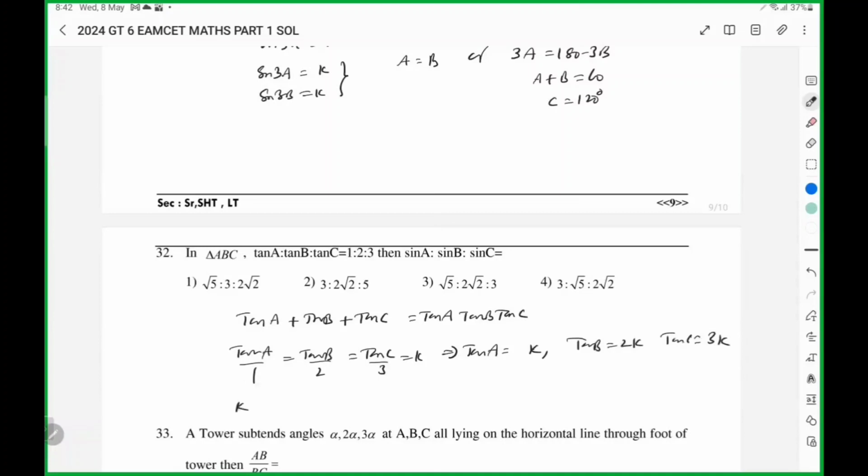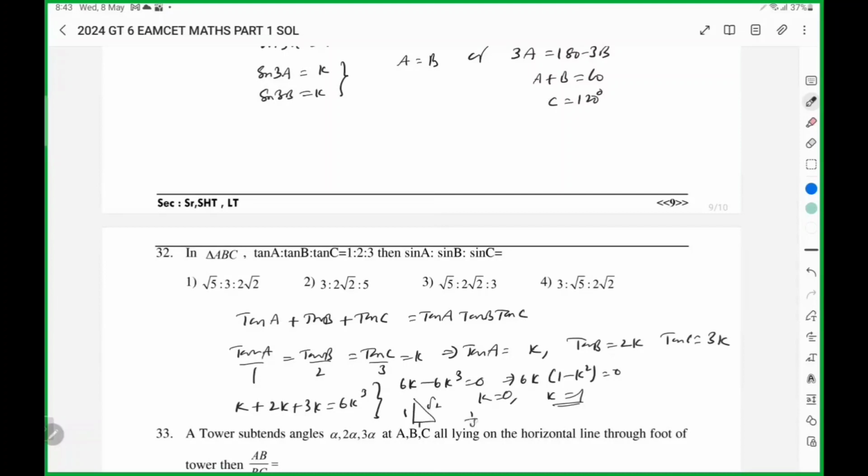Then K plus 2K plus 3K is 6K cube. 6K minus 6K cube is 0. 6K into K value 0, not possible. A triangle cannot be formed. K is 1. Then K is 1.